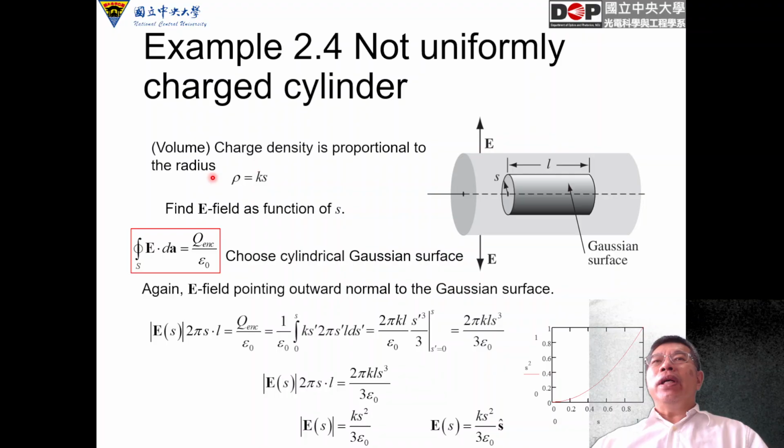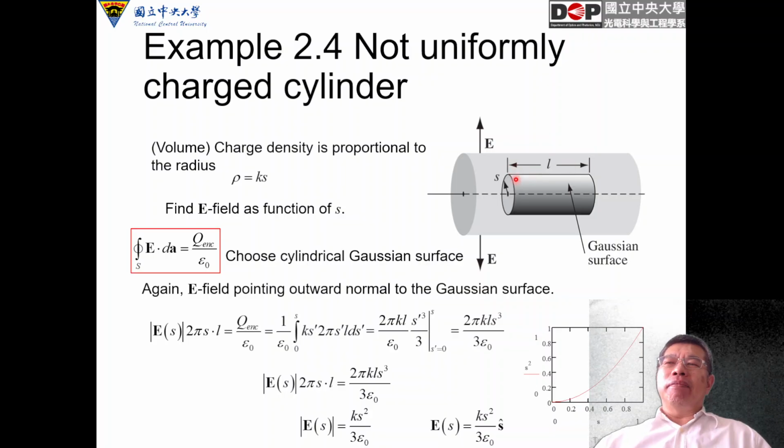So here we have the volume charge density. We write it down, and we find the electric field as a function of s in cylindrical coordinates. What is the charge along this radial direction? Still using the symmetry, we choose a cylindrical Gauss surface like this one, and we take a particular length here, which doesn't matter; I assume this is infinitely long.